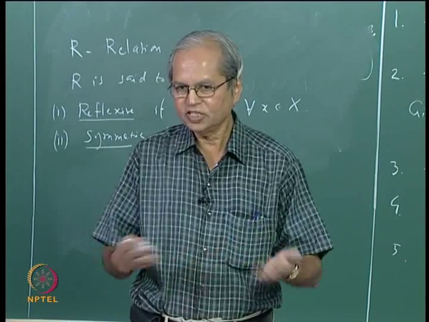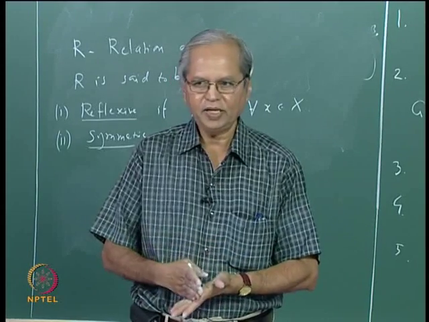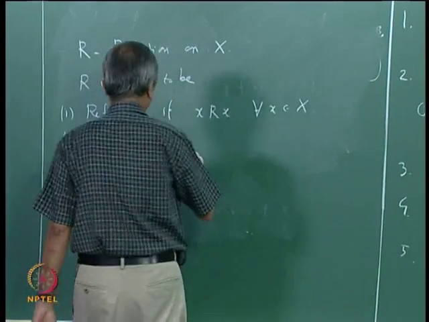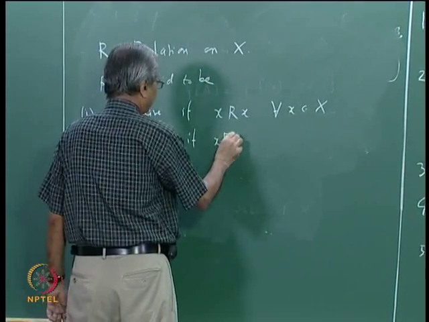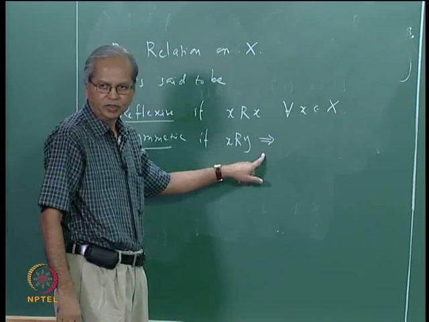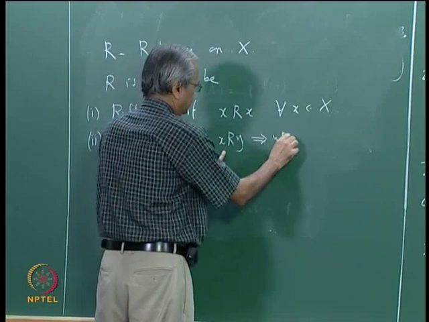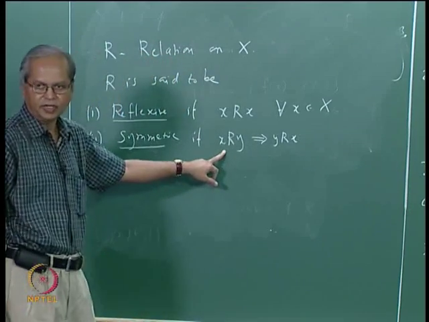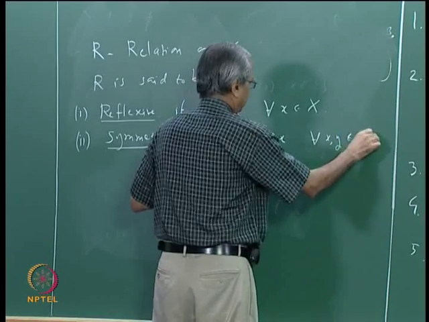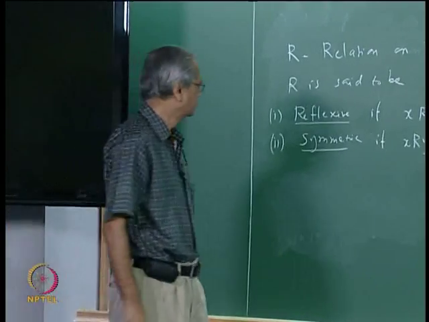Neither thing may be true, x may or may not be related to y, but what we want is that if x is related to y, then y must be related to x. Here implies means if-then. So if x R y then y R x, for every x, y in X.